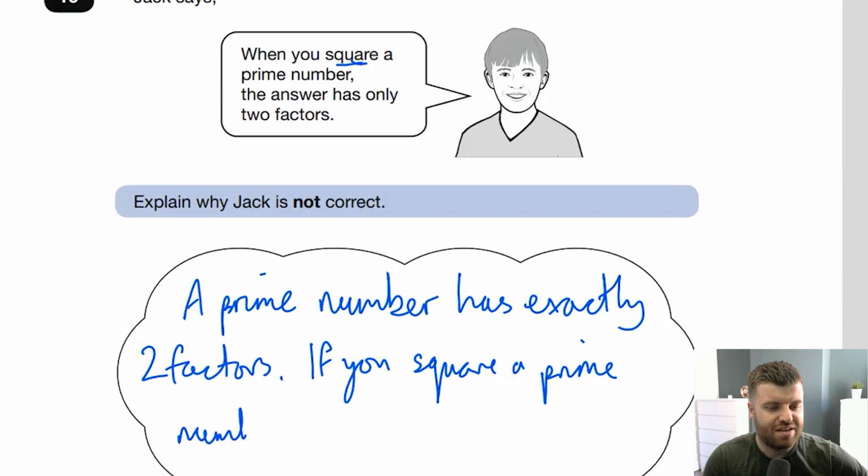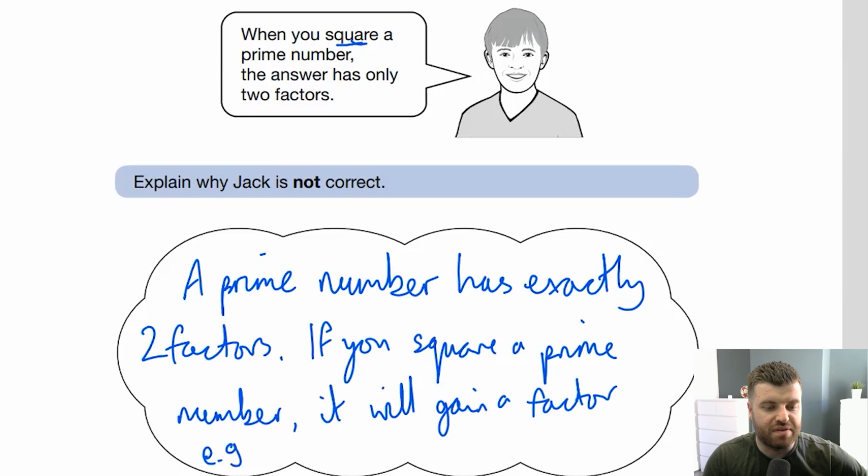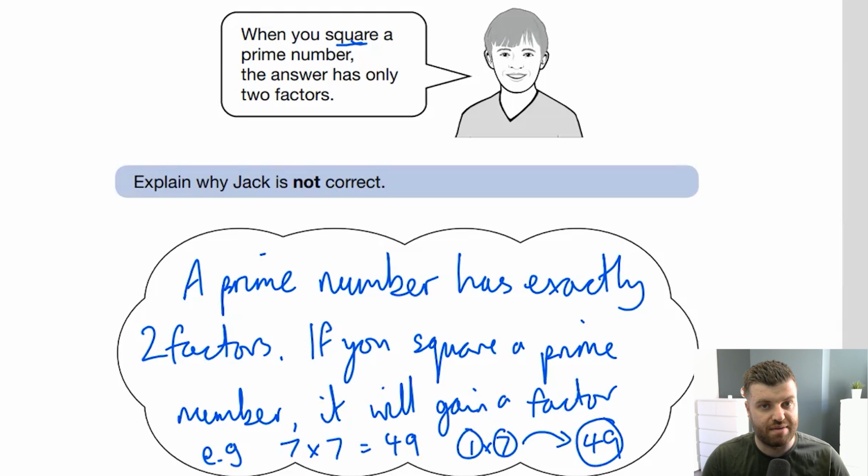No. It will gain a factor. So, for example, let's say a prime number of 7. 7 multiplied by 7 is 49. So 7 had 2 factors, 1 and 7, and it now has another factor, which is 49. So there are going to be at least 3 factors if you square a prime number.